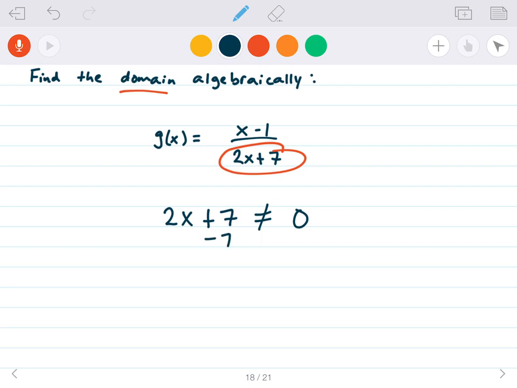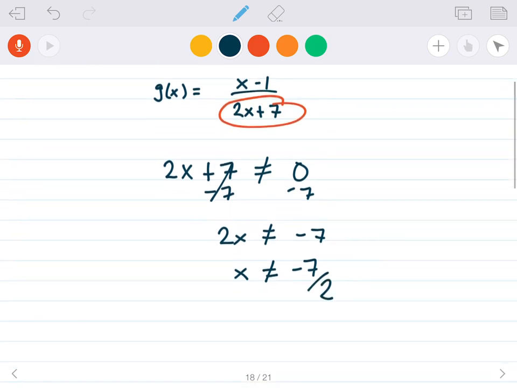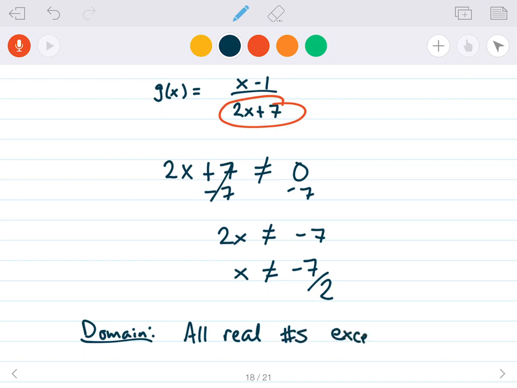I subtract 7 on both sides to get 2x cannot equal negative 7, and then I divide both sides by 2 to get x cannot equal negative 7 over 2. So our domain, which we just found algebraically, is all real numbers except x can't equal negative 7 over 2.